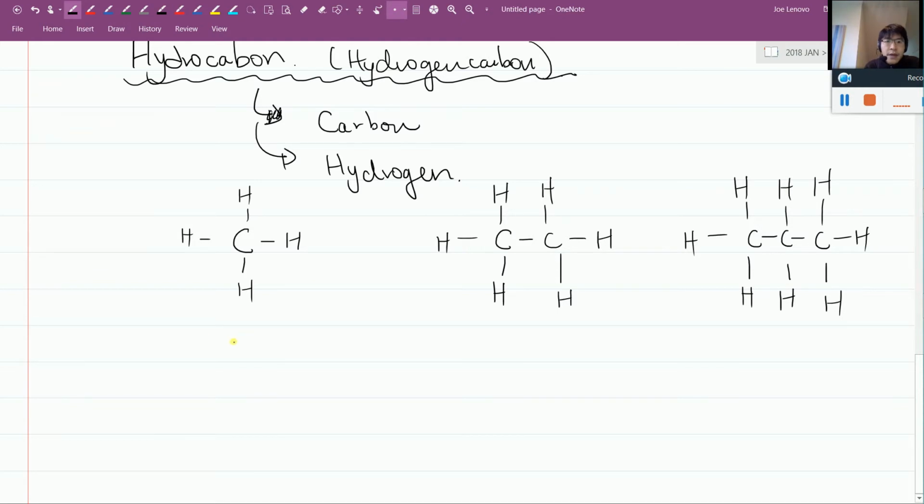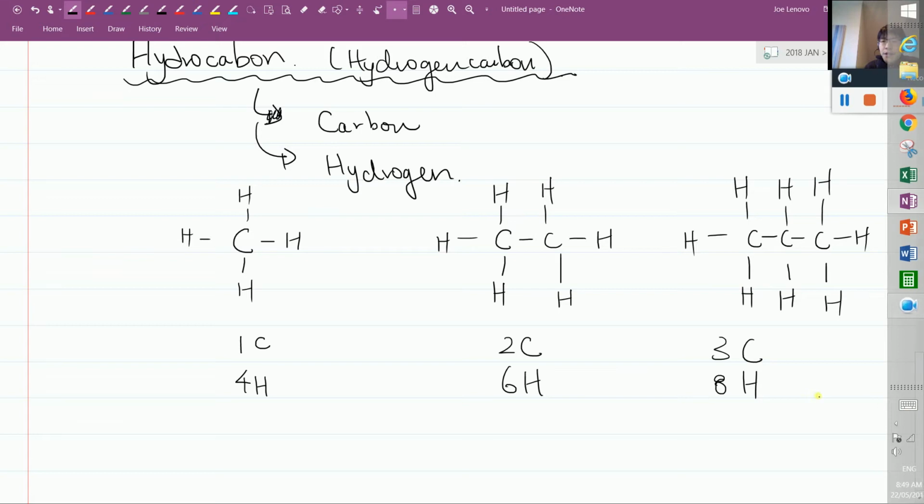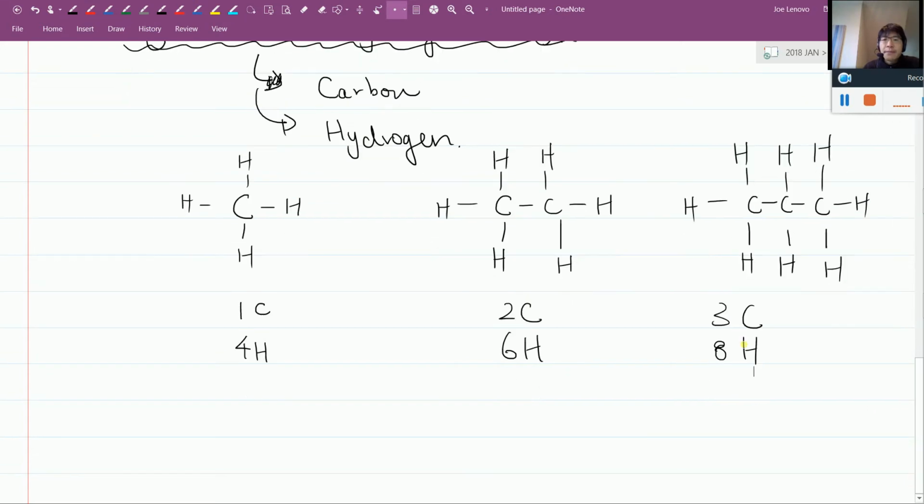Every single time, if you have 1 carbon to begin with, 4 hydrogens. If you have 2 carbons, you have 6 hydrogens. 3 carbons, you have 8 hydrogens. Every single time you move up from 1 carbon to another carbon, you add another 2 hydrogens.